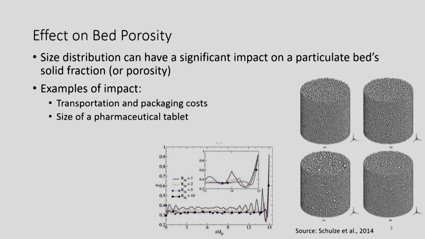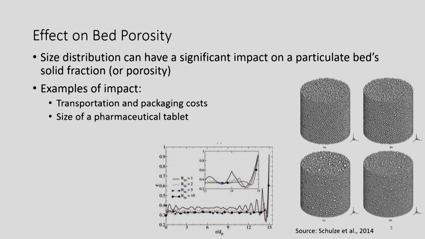So how does particle size distribution affect things? Obviously, you know about porosity, right? If you have uniform, same-sized particles, then the porosity will be higher. You know that, right? But if you have a mix of particles with different sizes, then the overall porosity will be lesser. So again, I'm showing you a simulated image here.